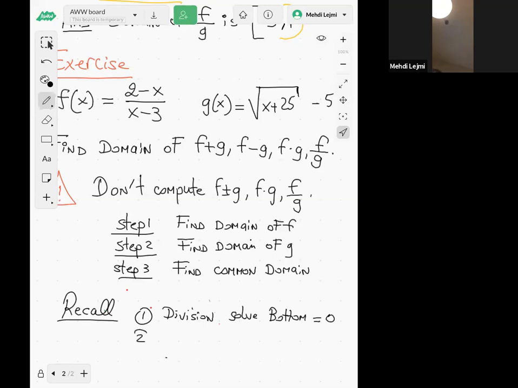And if you have a square root, then you solve whatever is under the square root larger or equal to 0.